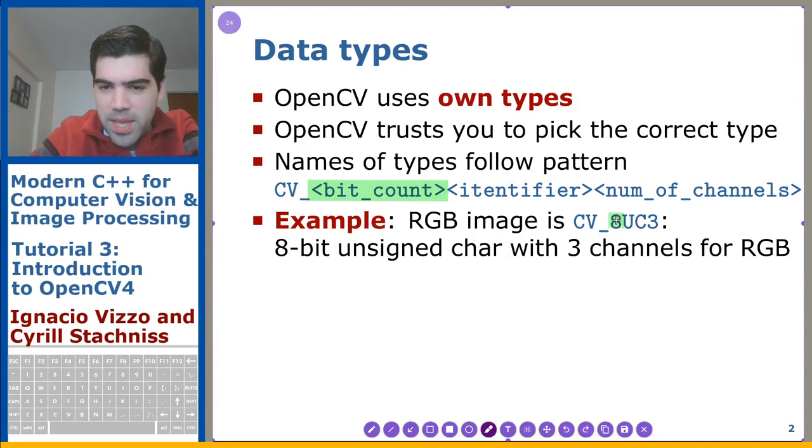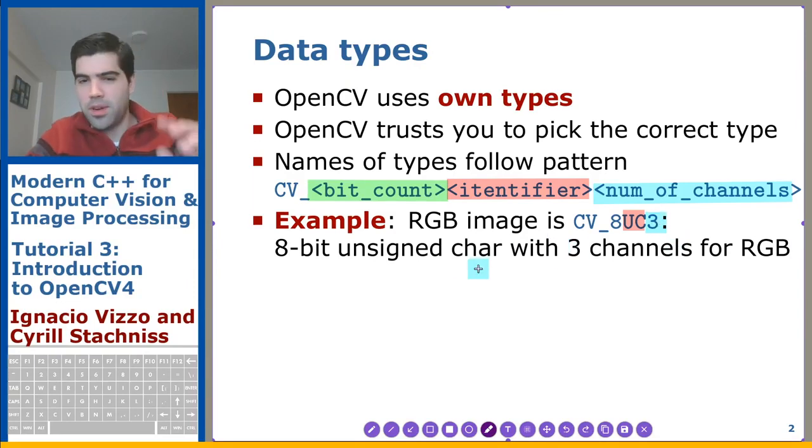In this case it's 8, so it's 1 byte. Then the identifier is unsigned char in this particular example. And then the number of channels is the last part of the type. In this case it's 3, right?